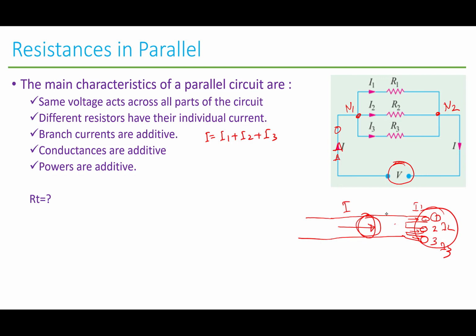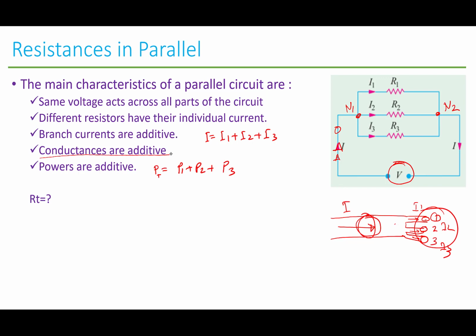So this is the concept of parallel resistors. Now the powers are always additive here as well. That means total power P equals P1 plus P2 plus P3. You can say PT. Now, conductances are additive.